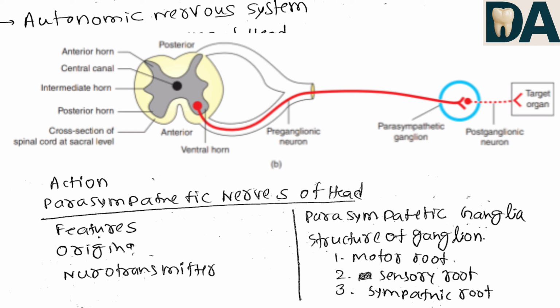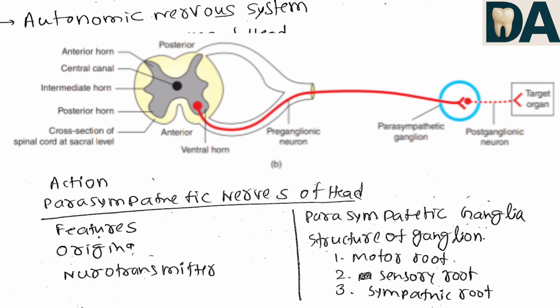Cranial nerves: 3rd, 7th, and 9th. Second, the sacral segment of the spinal cord: S2, S3, and S4 spinal nerves, especially the ventral horn.